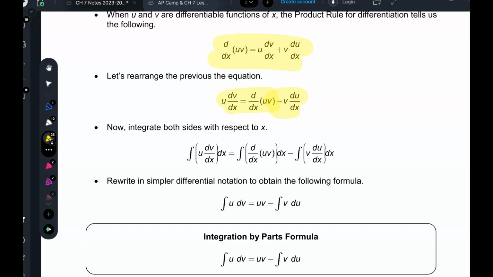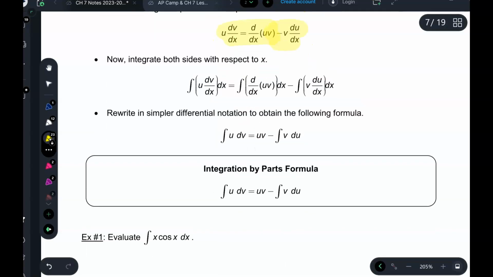So what's going to happen here? We're going to get the integral of u dv. What happens here? We get u times v, right? And here, we're going to leave that integral of v du. Okay, good?